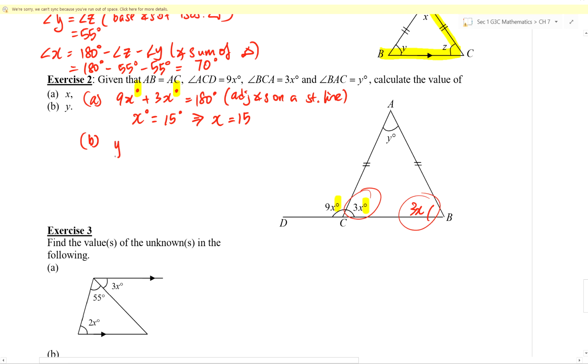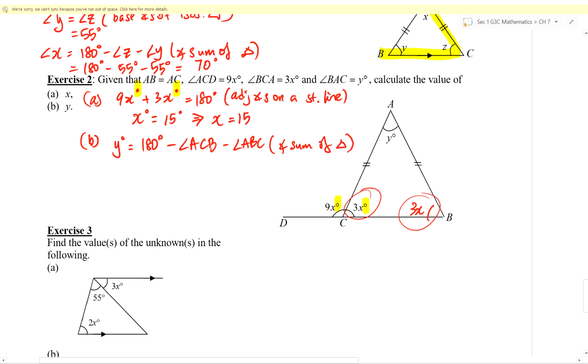So y degrees must be equal to 180 degrees minus the other two 3x's, which is angle ACB minus angle ABC. So it is known as angle sum of triangle.